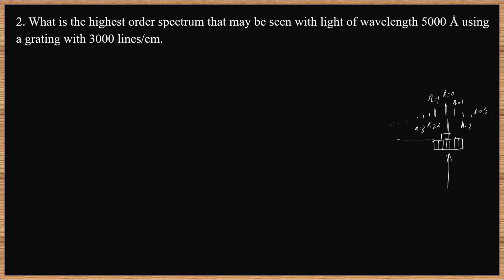So we can write the given things here. What are the given things? Lambda is equal to 5000 angstrom, and the number of lines per unit length, n, is equal to 3000 lines per centimeter.